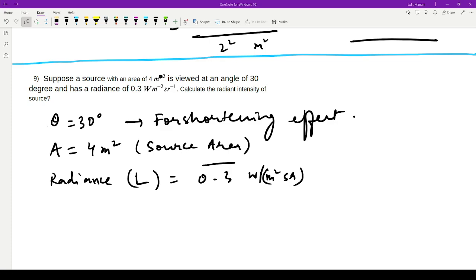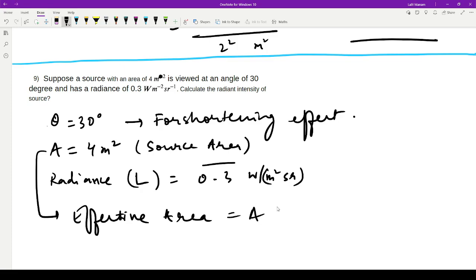First, we'll calculate the flux, and then from that we can calculate. Can you calculate flux? How can you calculate flux? Well, the effective area, at least we can find it out first, which is what? Effective area is A cos theta because of the foreshortening effect.